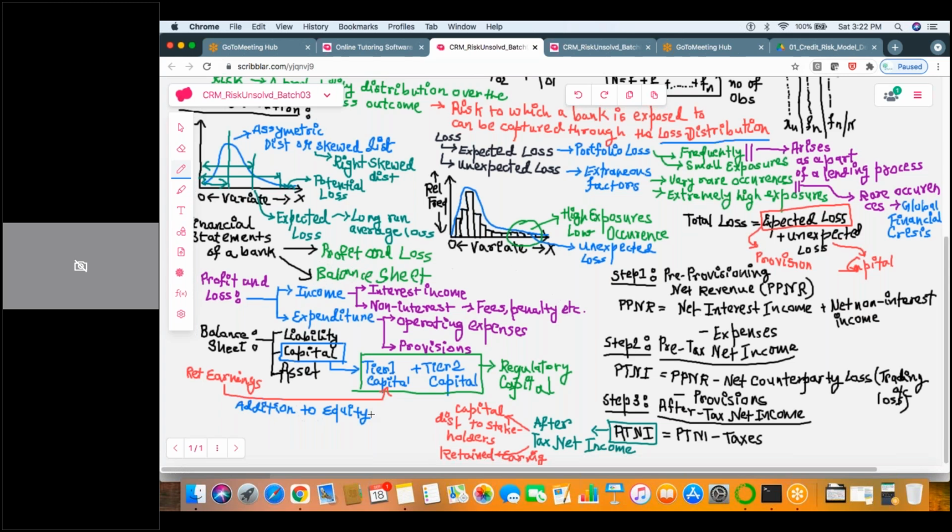So where is this adequately adjusted? This provision should ideally be very effectively captured, because the more optimal your provisions are, the more optimal will be your pre-tax net income, then the better will be your after-tax net income, and hence the addition to the equity will be better.